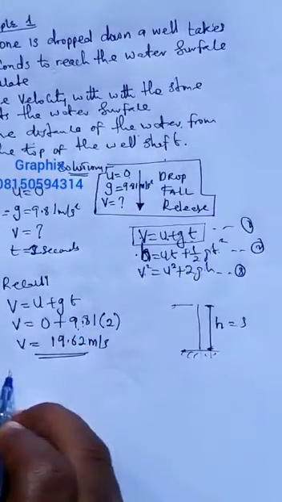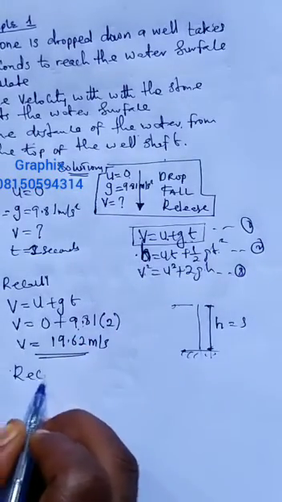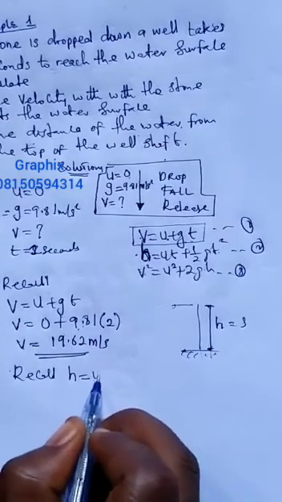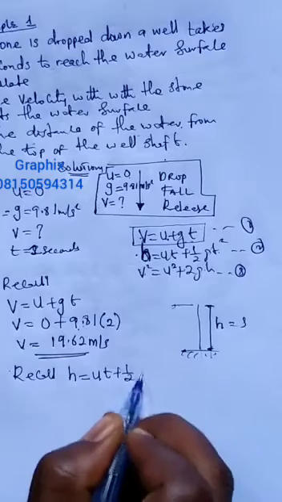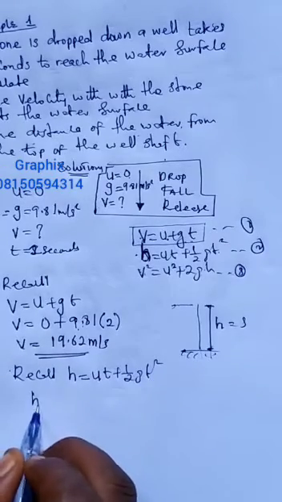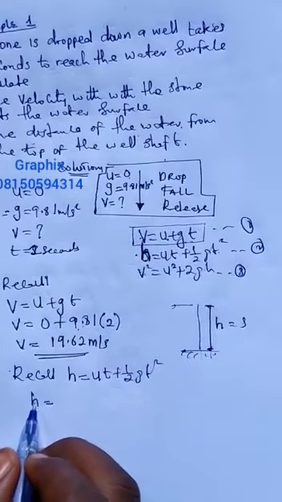So we have h, recall, that's for question B. Recall h is equal to ut plus half gt squared. So what is my h? We don't know, which is what we're looking for. That is the height or the distance.